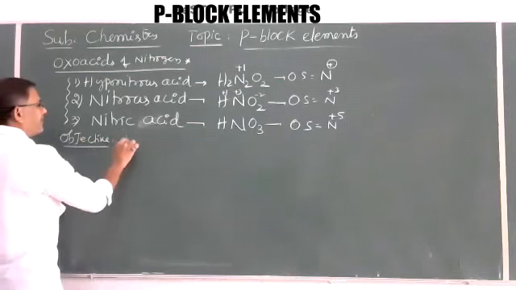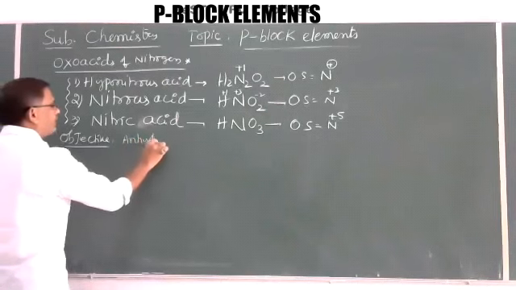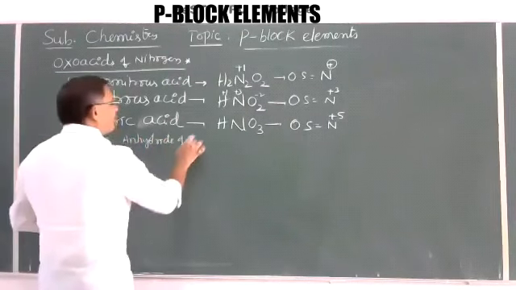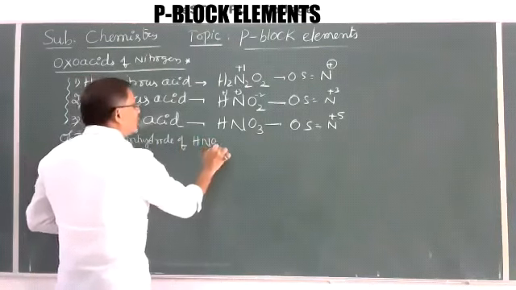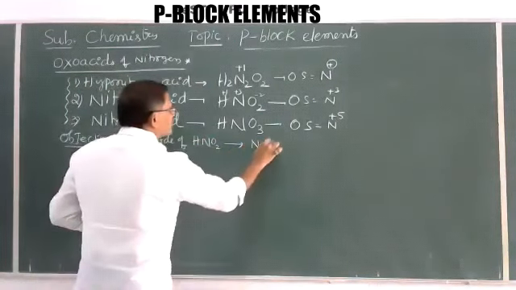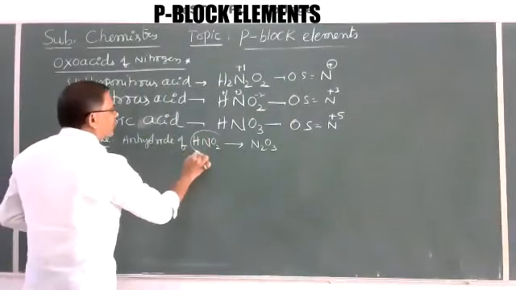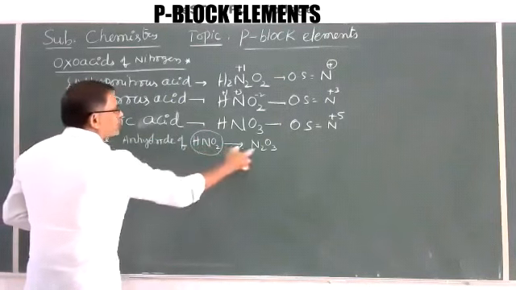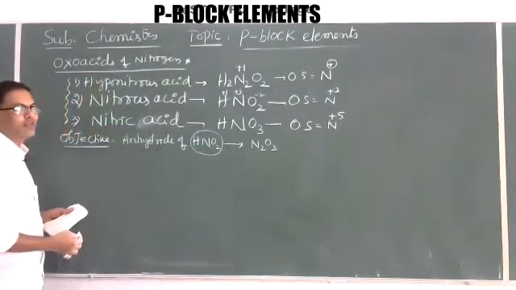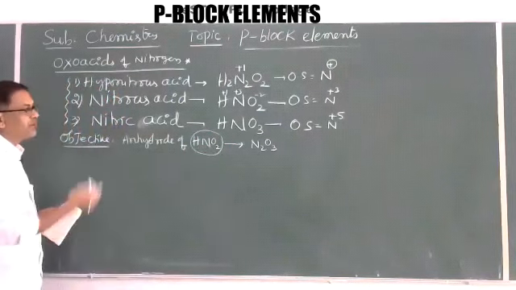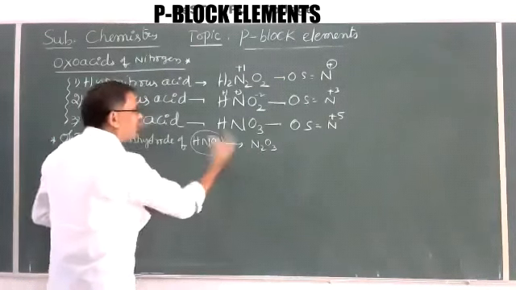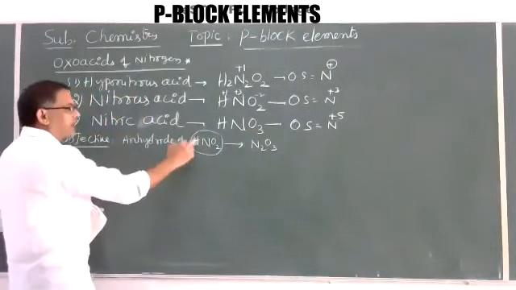Here the anhydride of HNO2 is N2O3. Anhydride means remove the water molecule. From HNO2 we get N2O3. Maybe for the objective, a very important question. Maybe they'll ask in the examination: the anhydride of nitrous acid is N2O3.